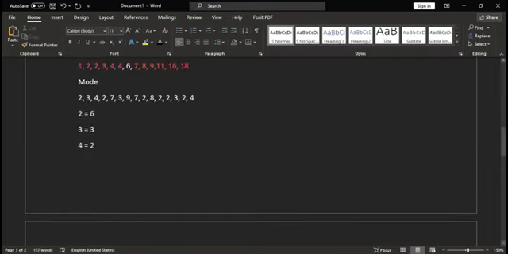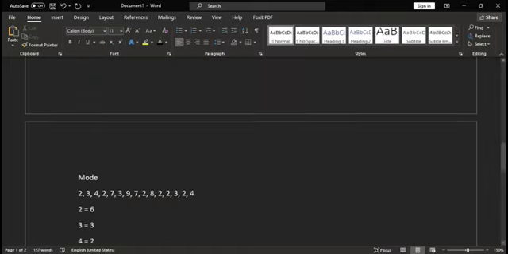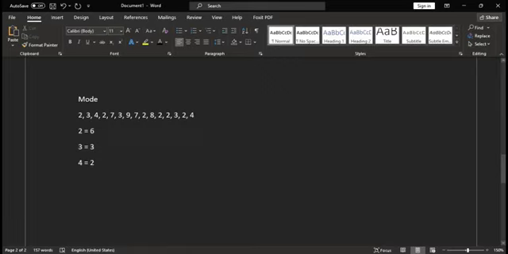Okay, let's bring this down to the next page for easier understanding. Then you have the next number, 7, has a frequency of 1, 2, that is 2. We've done 2, 3, 4.